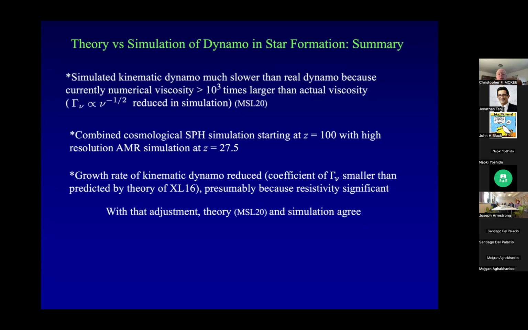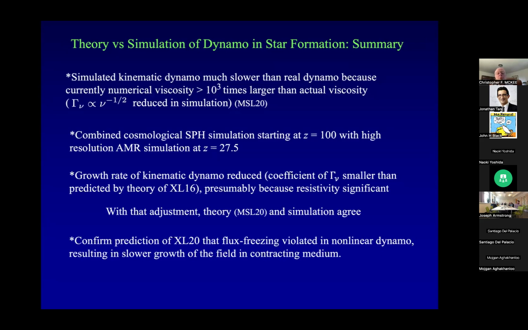So the coefficient of gamma nu is smaller than predicted by the theory of Shu and Lazarian in 2016, presumably because the numerical resistivity is significant. In their theory, they assumed that resistivity was negligible. With that adjustment, our theory and the simulation agree on the kinematic dynamo.